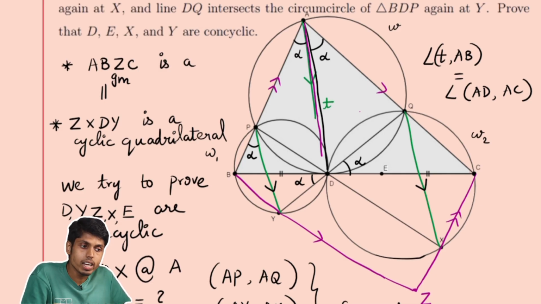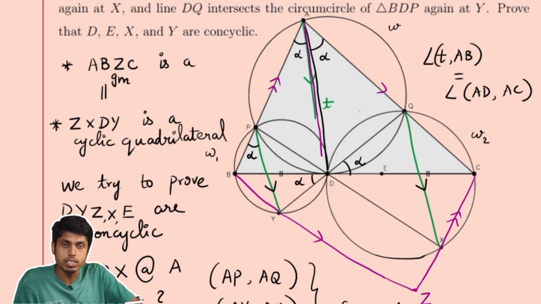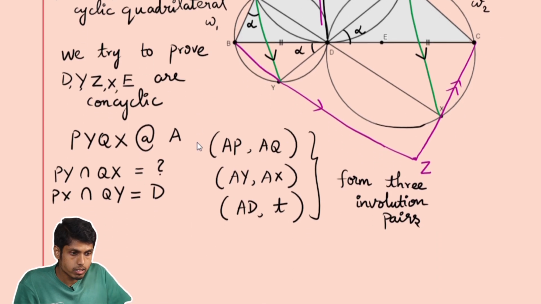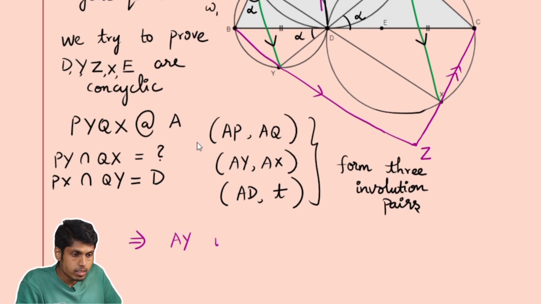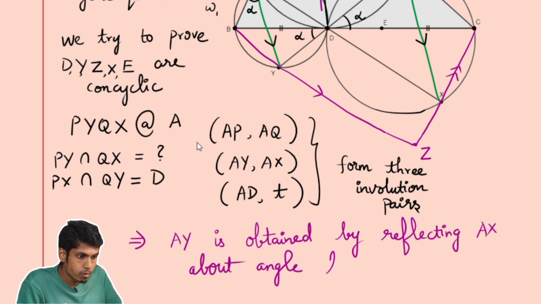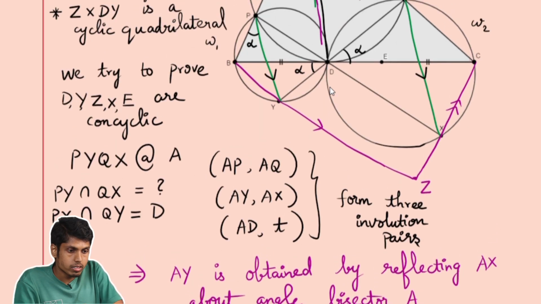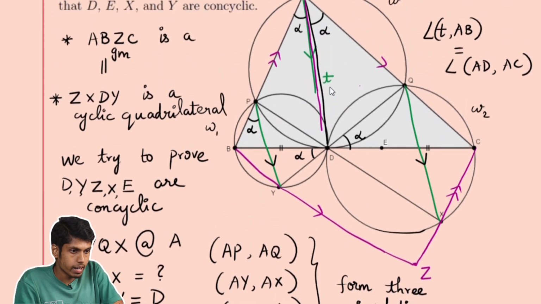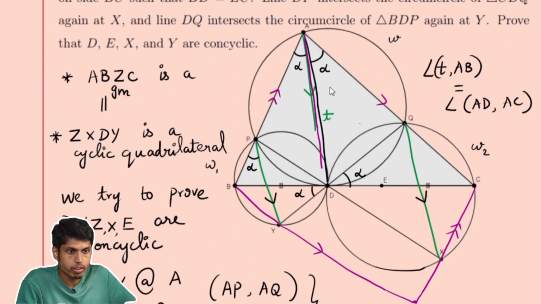This means the underlying involution is just reflection about the angle bisector at A. So hence AY is obtained by reflecting AX about the angle bisector at A. This is the underlying involution, and hence we get that AY and AX are reflections.